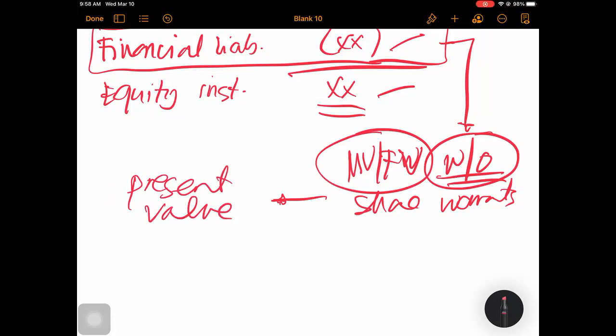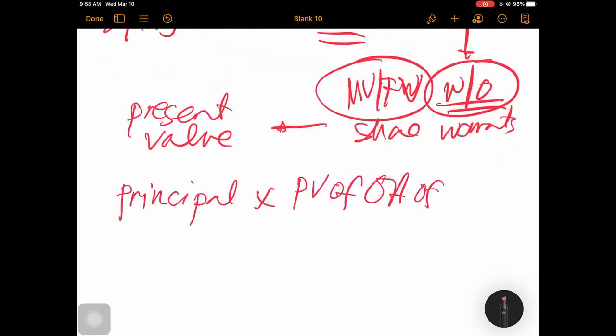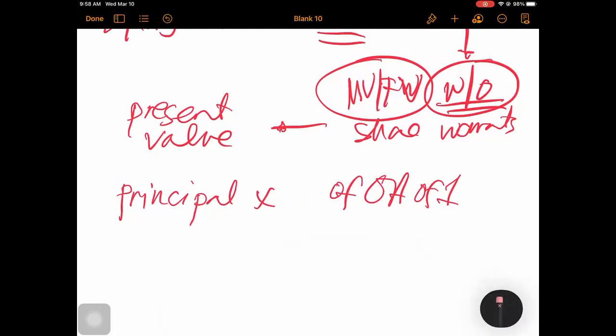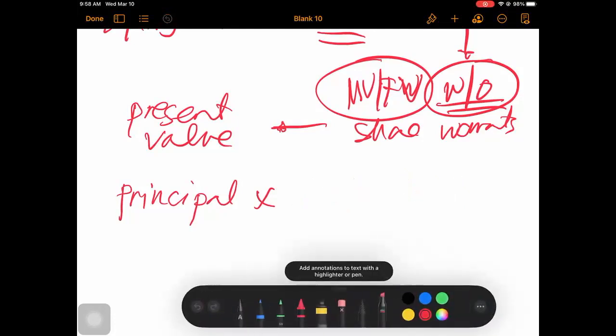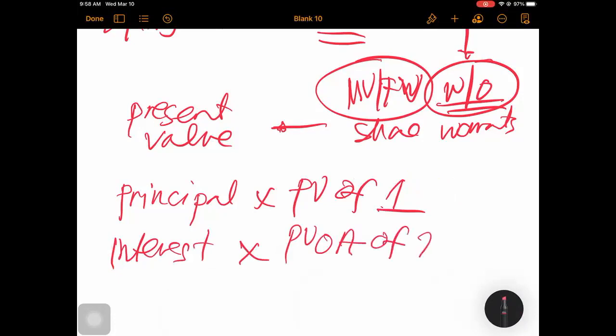To compute the present value, that's principal times PV of 1, then the interest is multiplied by your present value of ordinary annuity of 1.